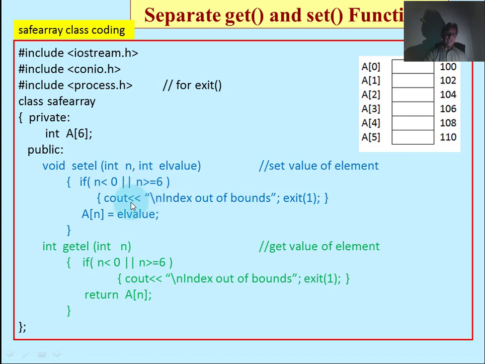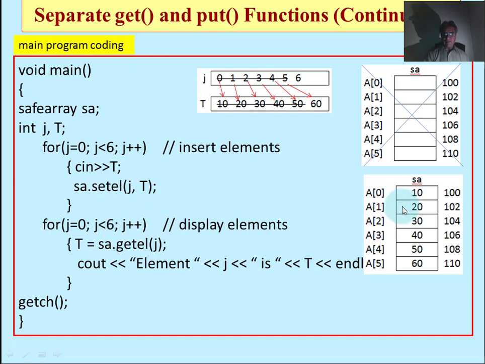And if it is within the bound, then this block will not execute, and we will come here, and that 20 value of t, which is passed to this el value variable, will be stored at a of 1 location. And you may see here a of 1 location contains the value of 20.